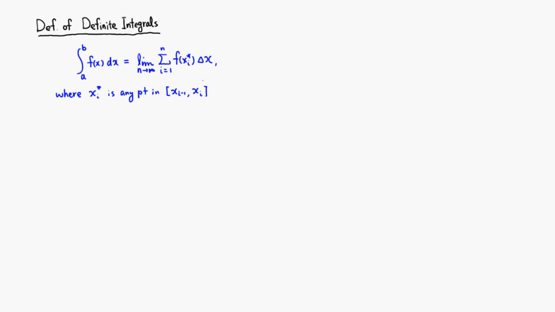For example, if you take xi star to be xi minus 1, then this is basically the left sum. If you take xi star to be xi, then this is going to be a right sum. If you take xi star to be the average between xi minus 1 and xi, then it's going to be a midpoint rule. But in this case, you don't have to specify. You can basically pick any number on that interval and call that xi star.